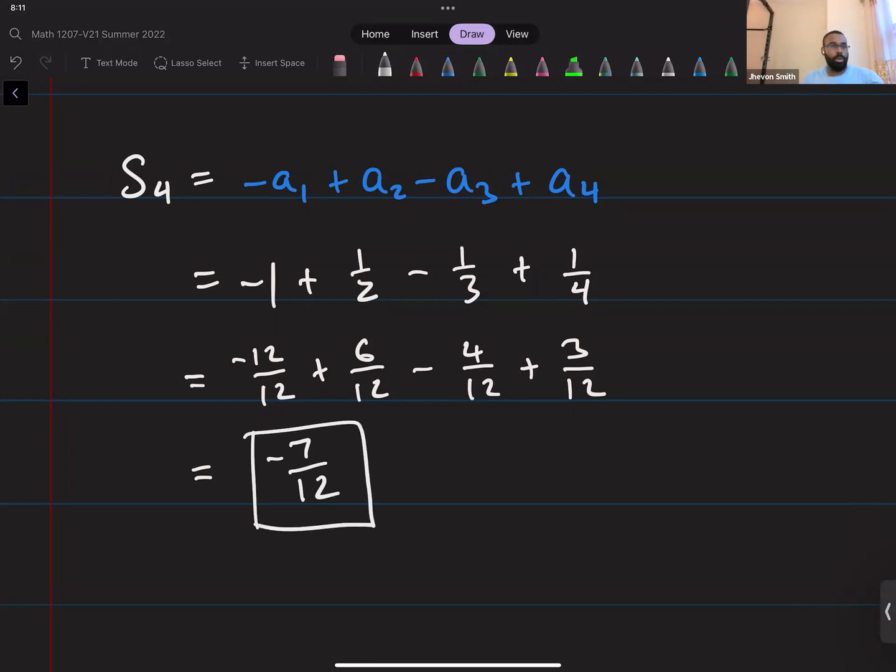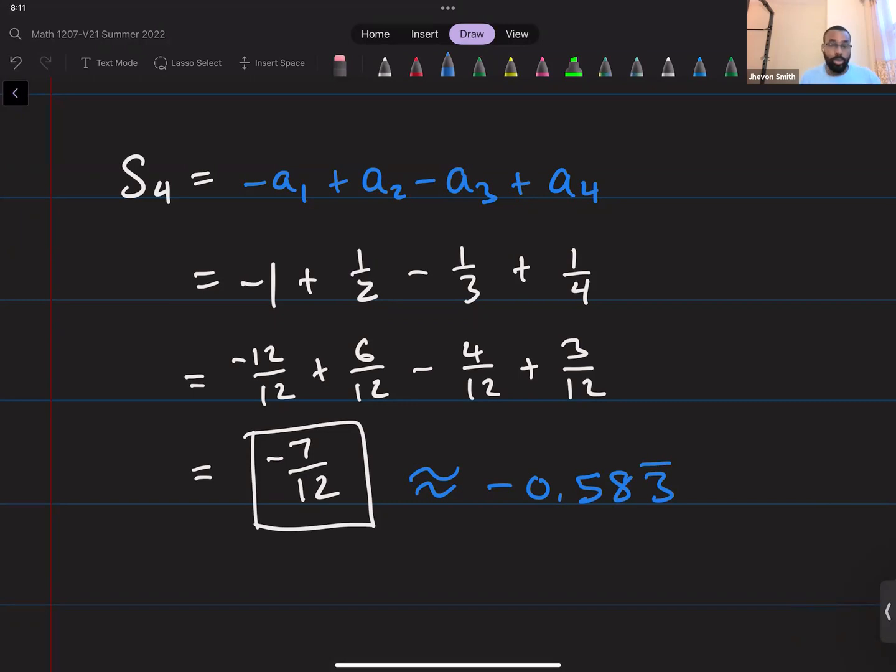Right? Okay, so that's it. But just for comparison's sake, this is 0.583, and the 3 repeats forever.